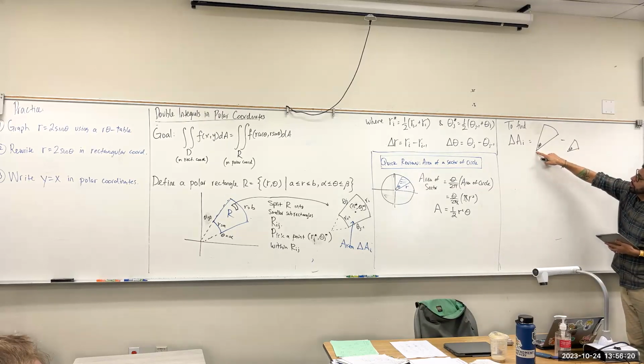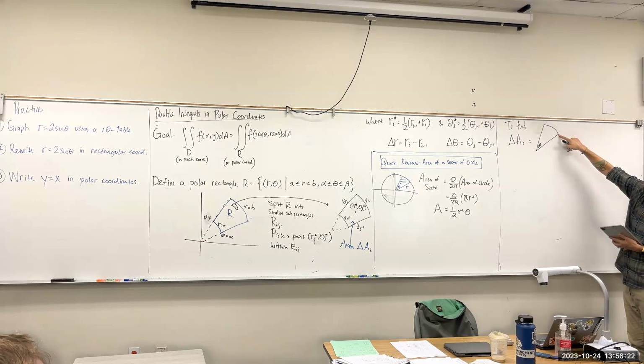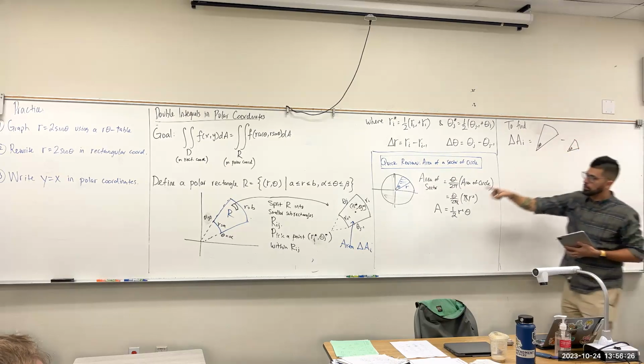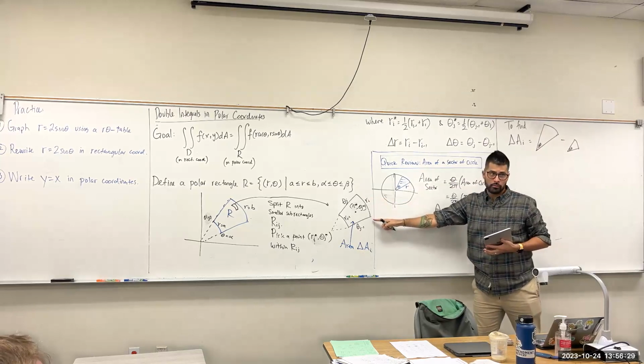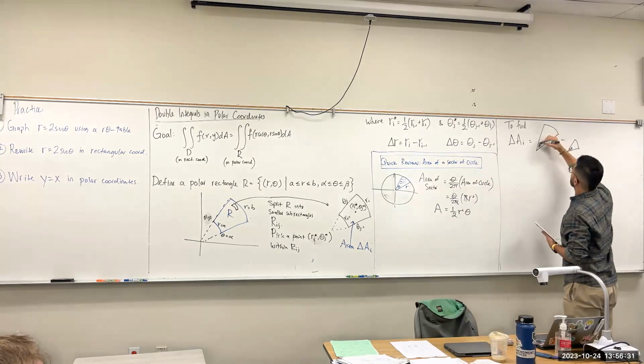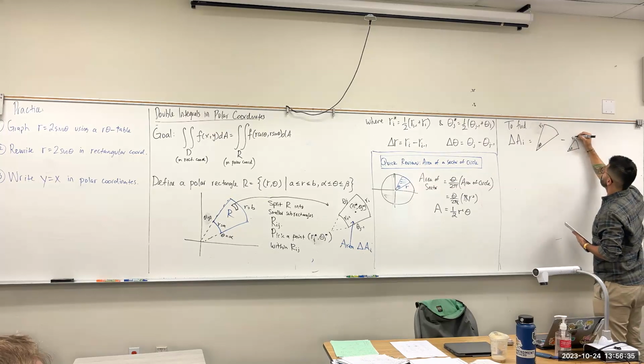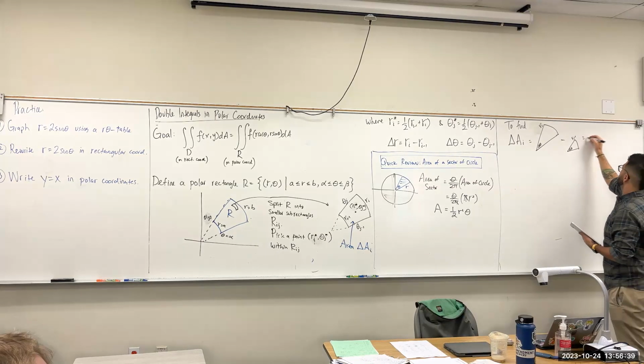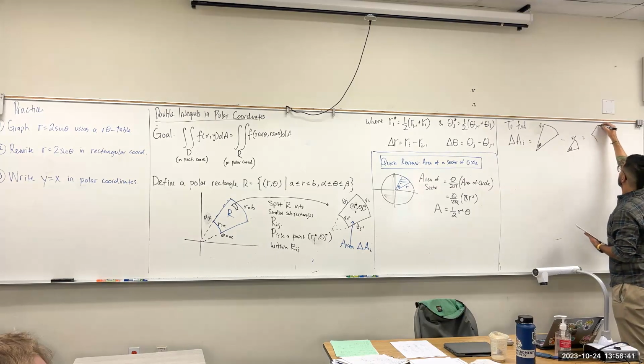How long is it from here all the way to the farthest radii? What are we labeling it? That's r_i, right? Or this one is r_{i-1}. Okay? That's going to give me the area of this little guy that I want.